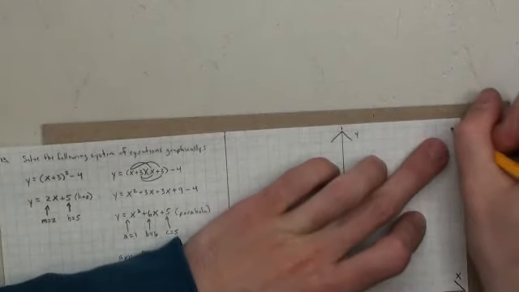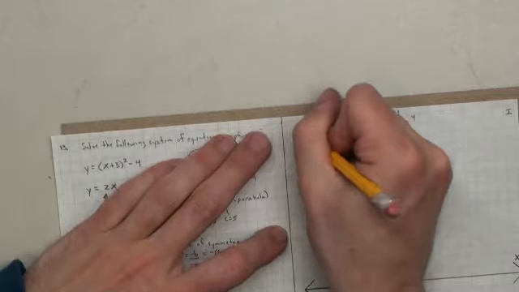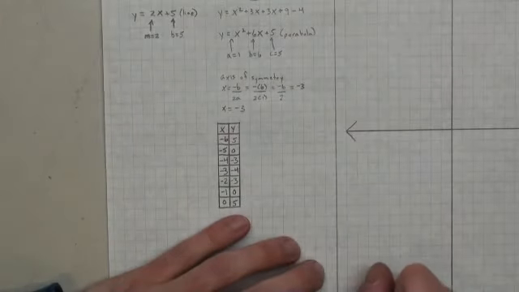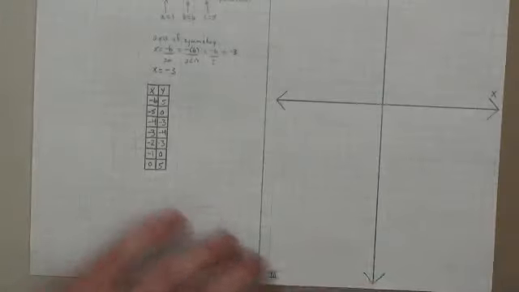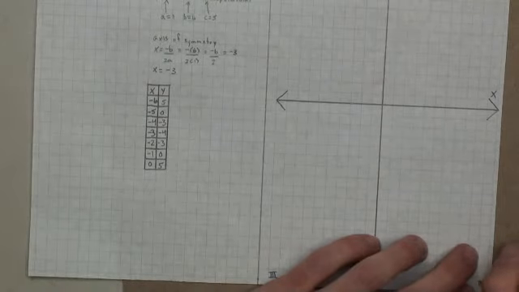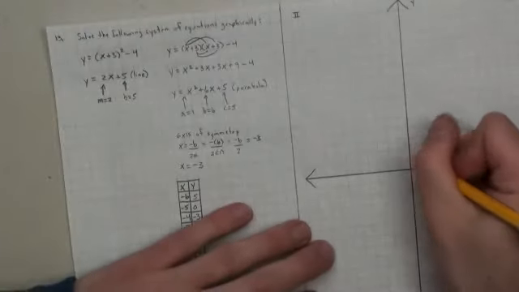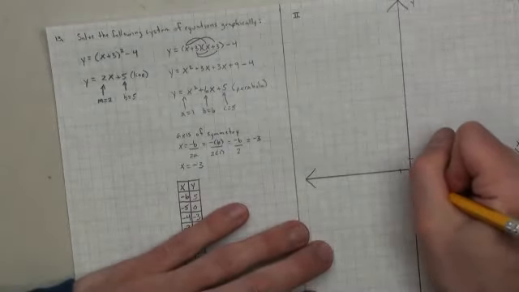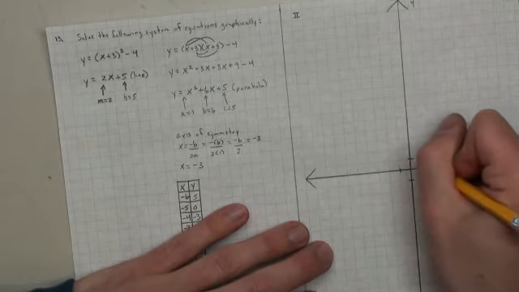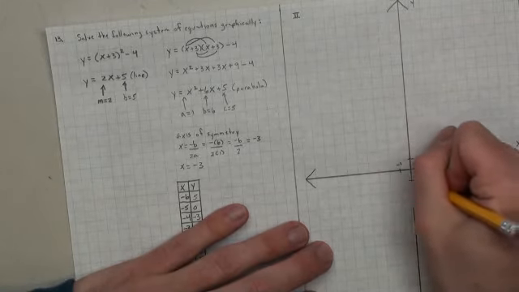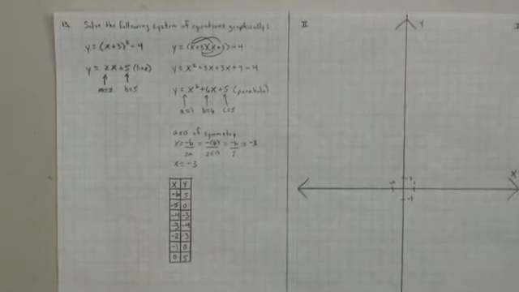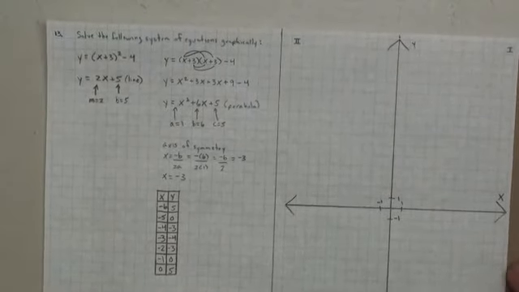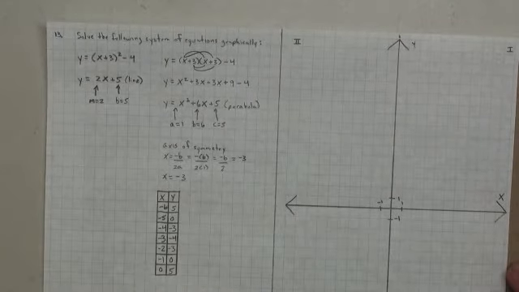Let's label our quadrants: 1, 2, 3, 4, and let's label our scale.